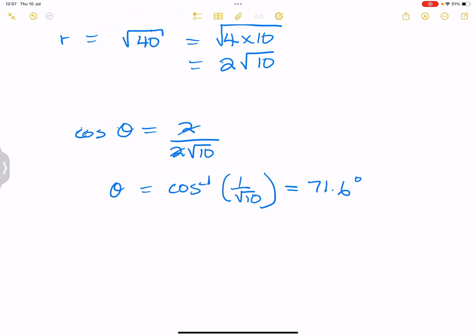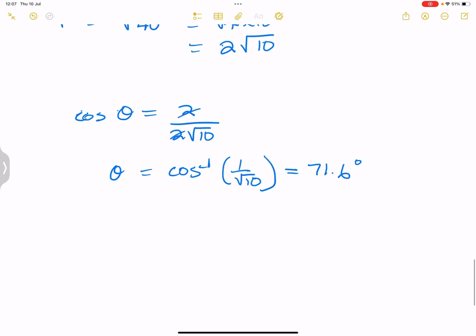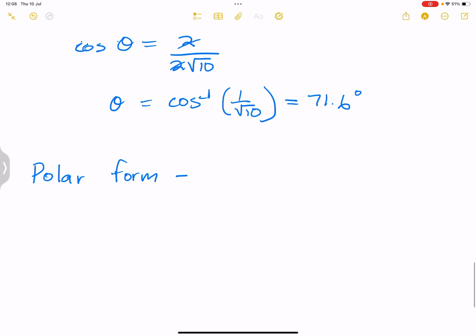Now, let's write this in polar form. Now that I've got the modulus as well as the argument, I can write it in polar form, or the modulus argument form. So how does it look? That means that z, we said that's r cis, R cos theta plus i sine theta.